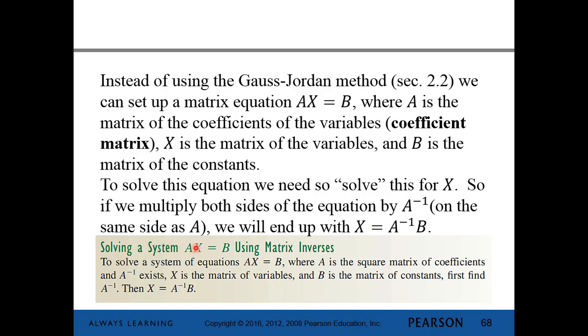Now, solving the system AX equals B using matrix inverses: to solve the system of equations AX equals B, where A is a square matrix of coefficients and A inverse exists, X is the matrix of variables and B is the matrix of constants. First, find A inverse.